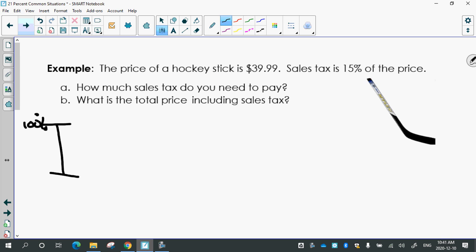So 100%, 15% is pretty low compared to 100. The hockey stick is regularly $39.99. You have to pay tax on it. Okay? So let's see how much we have to pay in taxes.